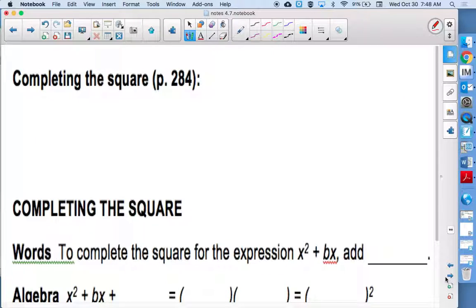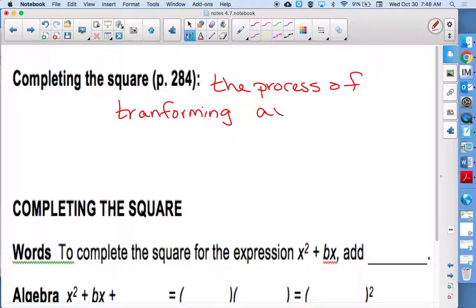So underneath, there is the term completing the square. Completing the square is a process of transforming ax squared plus bx plus c, and that's the form that we've used for factoring, to a perfect square trinomial.